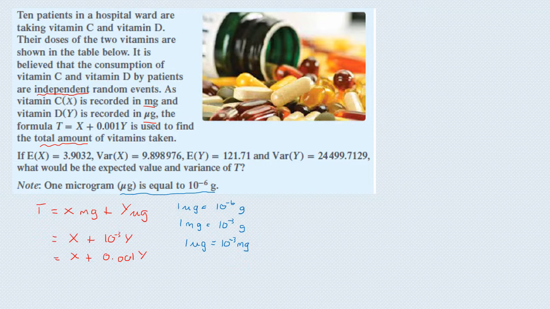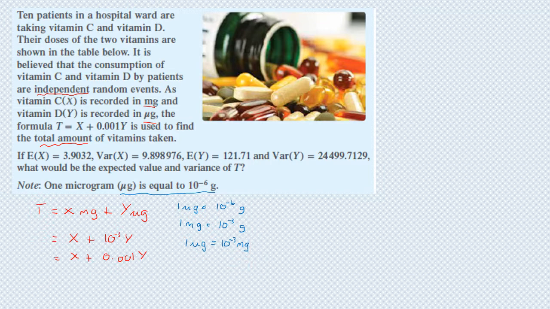We've combined two separate random variables, and our scale factor, in this case 0.001, is converting from micrograms to milligrams. So all that we're doing is taking the mean and the variance we already had and changing the units.